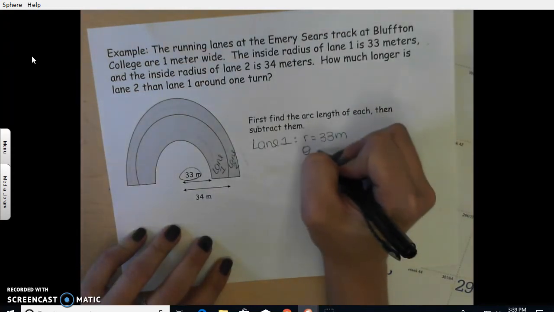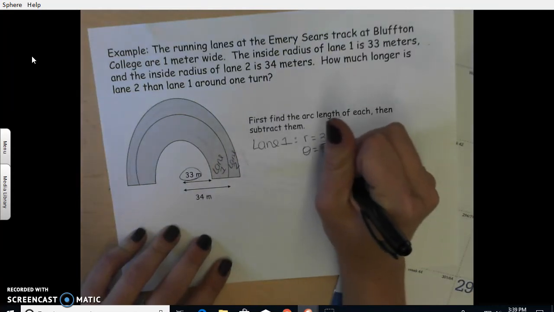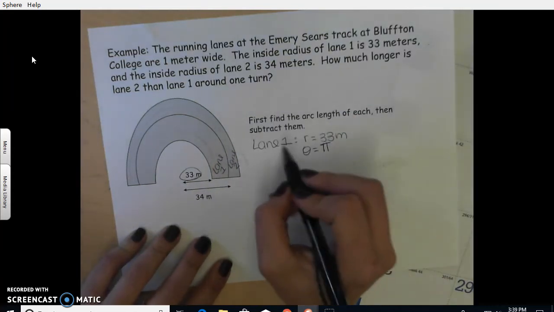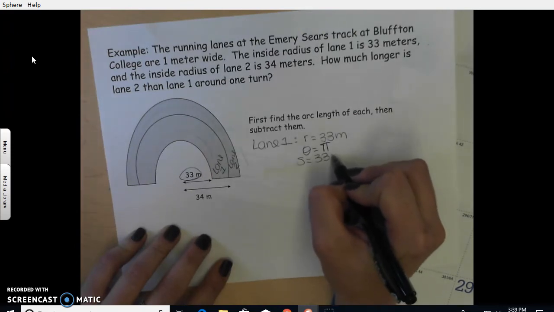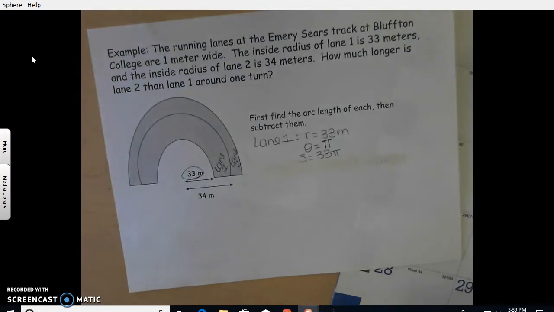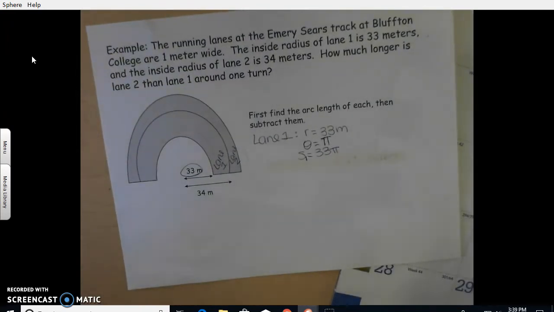What is our theta? Well, if we have half of a circle, our theta is pi. So arc length for lane 1, S is equal to R theta, 33 pi. I'm going to do S sub 1 for the arc length of lane 1.